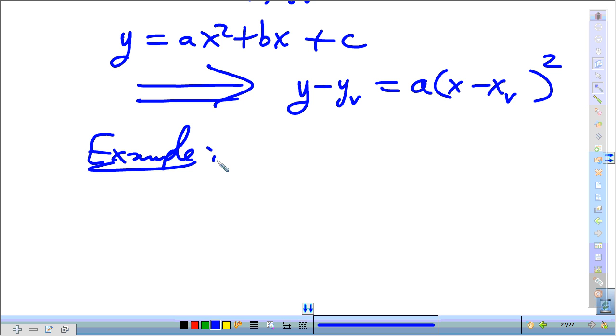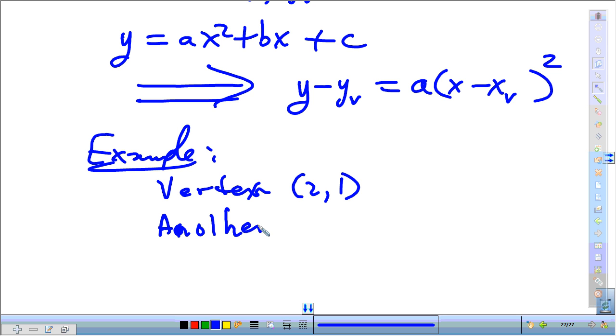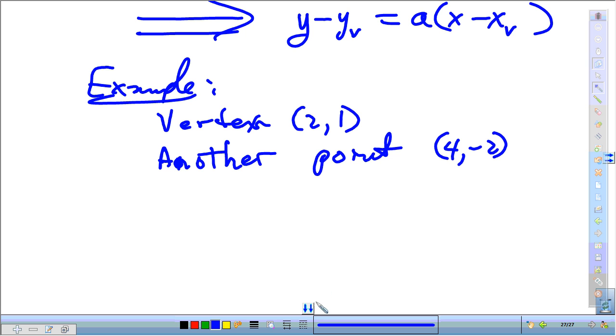So for example, if we know the vertex of a parabola was 2, 1, and another point happened to be the point 4, minus 2, we would get an equation y minus 1, the coordinate of the vertex, is equal to some coefficient a, and then x minus the coordinate of the vertex, squared.